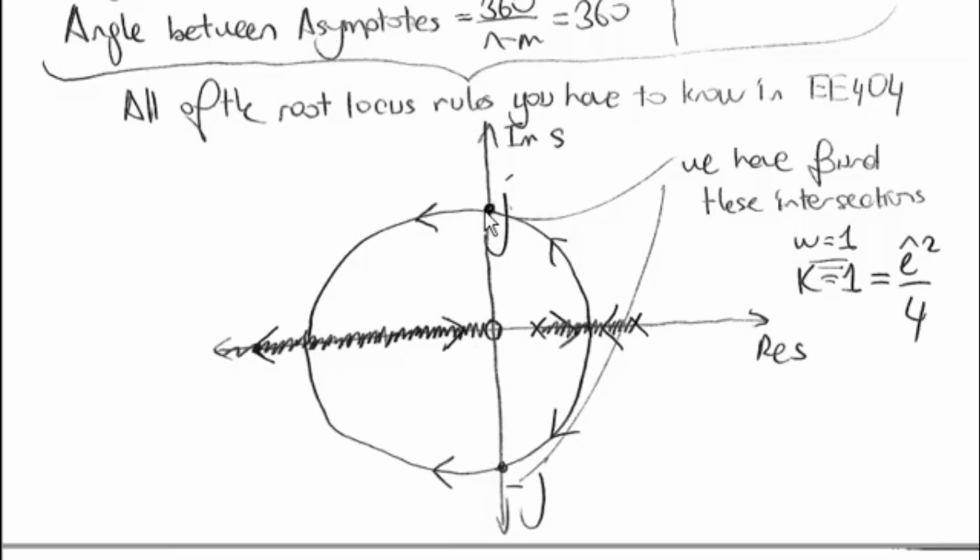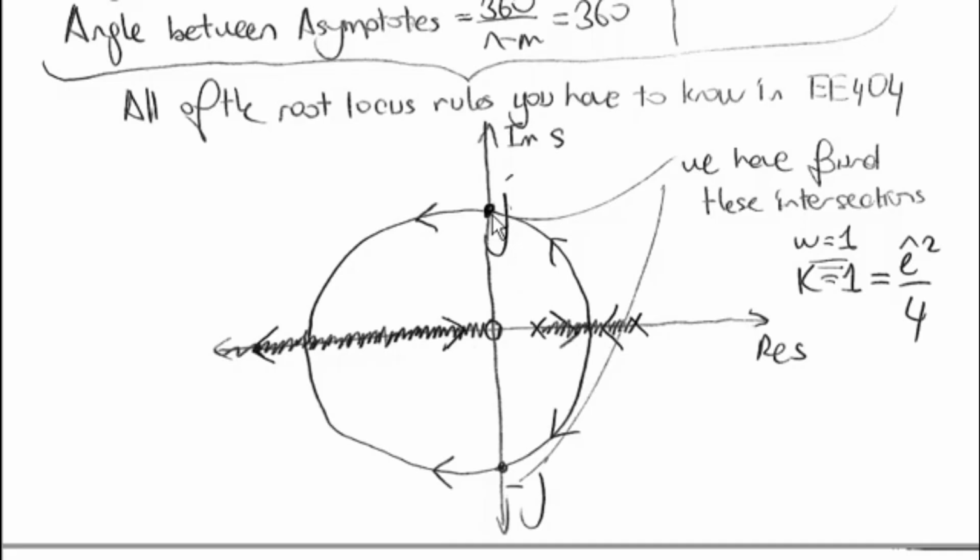And when k is larger than 1, I have the closed loop poles going to the left, which means that I have a stable closed loop system. And when k is smaller than 1, I have some closed loop poles in the right half plane, which means that I have an unstable closed loop system.